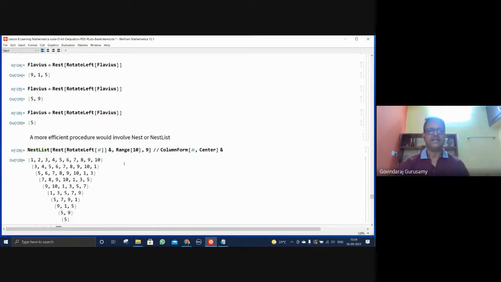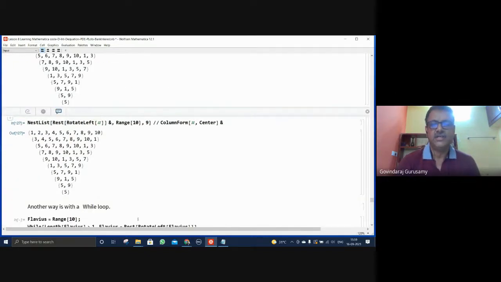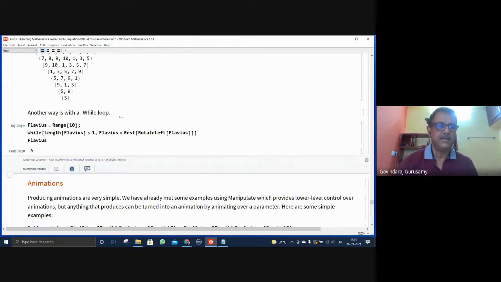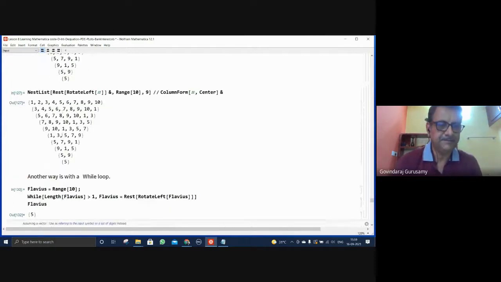NestList is done 9 times on the range of 10 people, and finally you have this number. This can also be put in the form of a loop with a while statement, writing the same values at each iteration, and finally who is left out is the survivor. That's the result that we have.